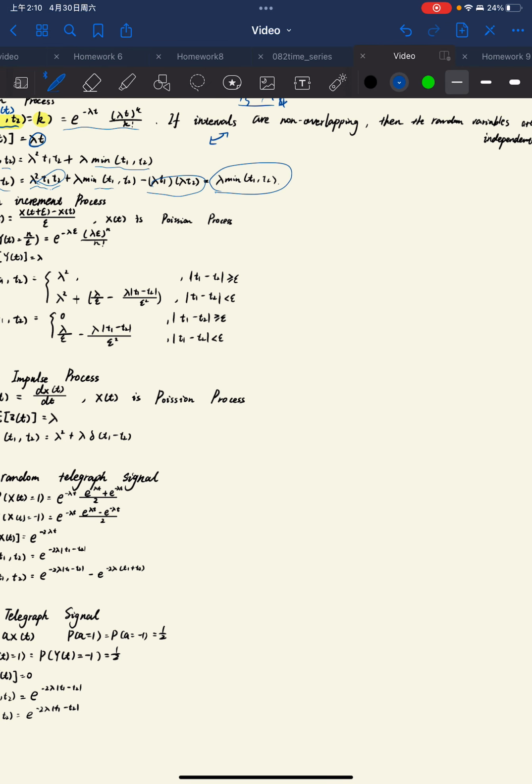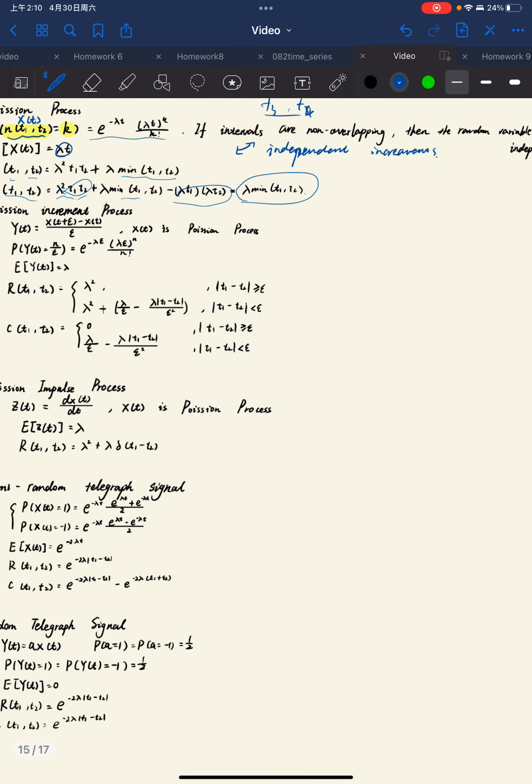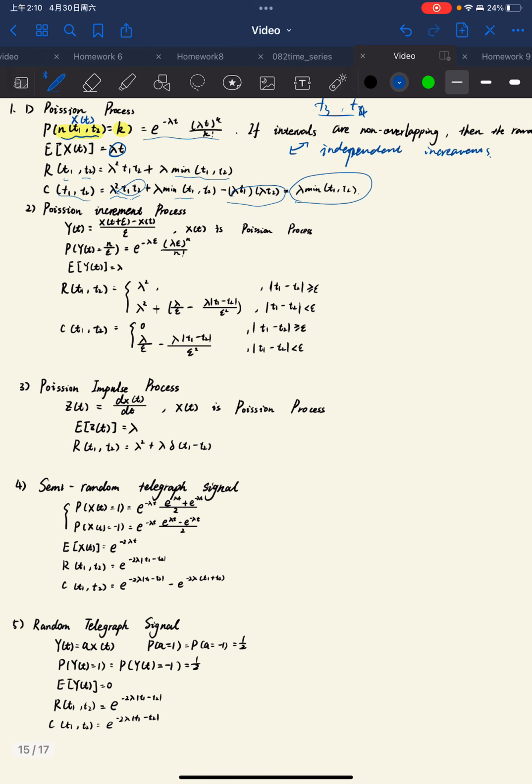And because of this definition, it follows the independent increment process.